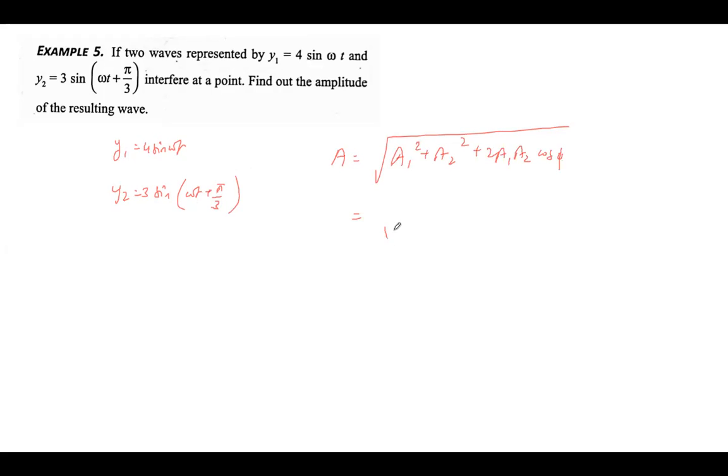So this is root under 4 square plus 3 square plus 2 into 4 into 3 into cos of pi by 3.